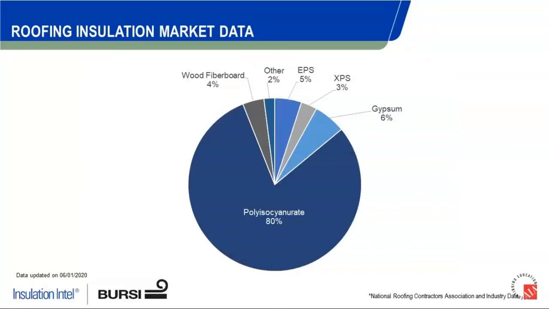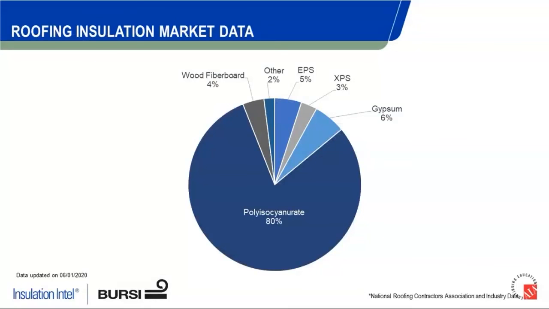As far as the insulation for roofing systems, our industry is primarily using polyisocyanurate. It has a lot of great physical characteristics that we'll visit in a moment, but it represents about 80% of what's being used in the U.S. commercial industrial market.